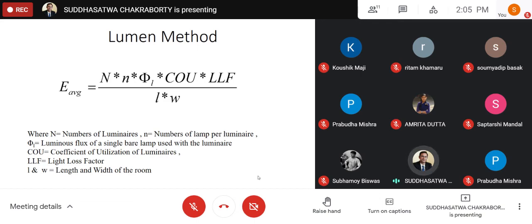The length and width are very much known to me. The COU of the luminaire is also known. And phi L, once you have selected the luminaire, you know the phi L, which is the luminous flux per bare lamp.